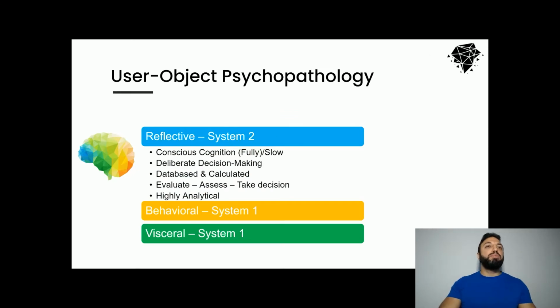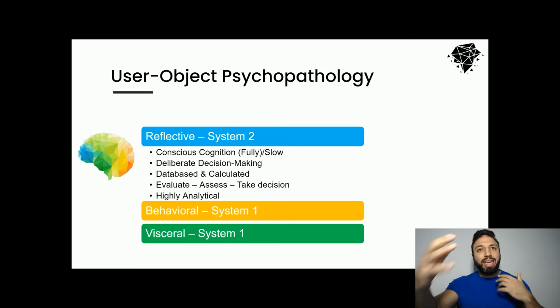Then there is system 2, which is the more reflective. This is the deliberate decision making. Usually this applies if you're having a product that has a high interaction with the user, like a computer. When you're using a computer, you're thinking with the computer.